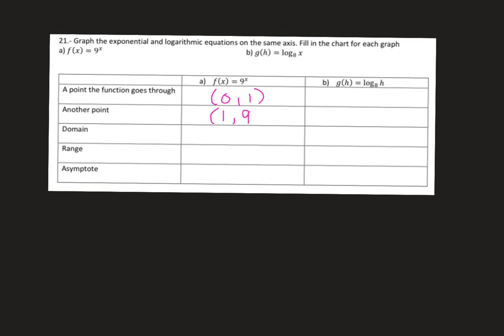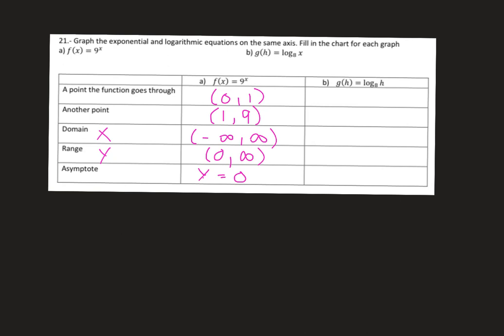In this case, its base is 9. The domain of an exponential function is always negative infinity to infinity, and its range is 0 to infinity. The domain is the x values and the range is the y values. And then all exponential functions have a horizontal asymptote at, not x equals, sorry, y equals 0. So that is our exponential function.